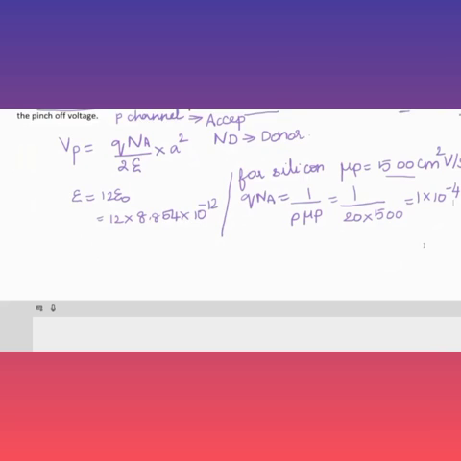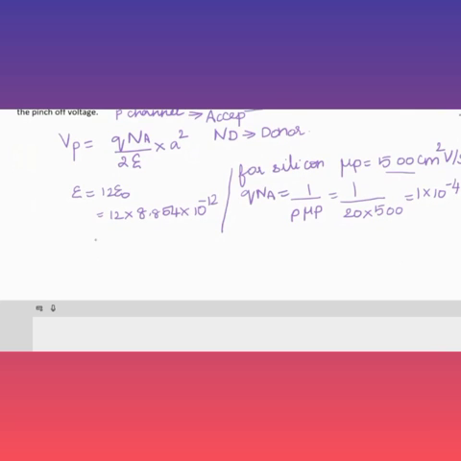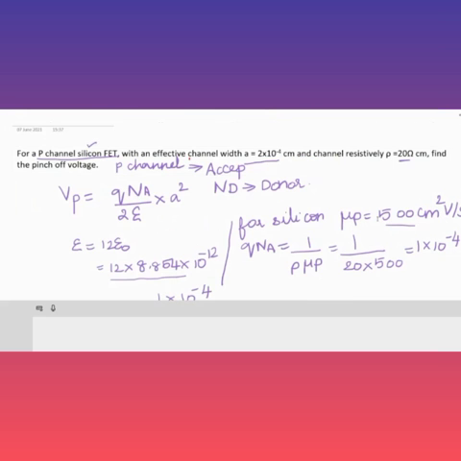After this, I'm going to just substitute in my VP. So my VP is equal to my QNA value I found, 1 into 10 to the power minus 4, whole divided by 2 into epsilon value I also found here. So just substitute 2 into 12 into 8.854 into 10 to the power minus 12, and my A value, it is given in the question, that is A equal to 2 into 10 to the power minus 4.